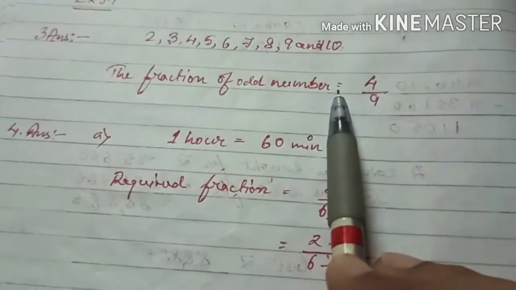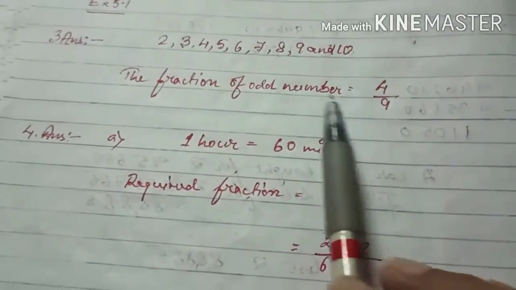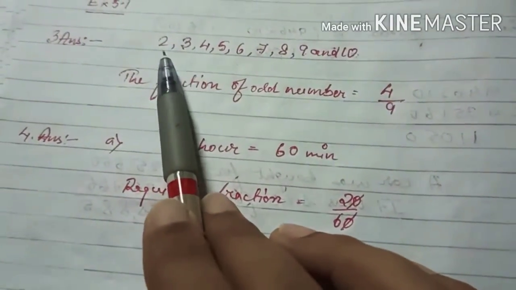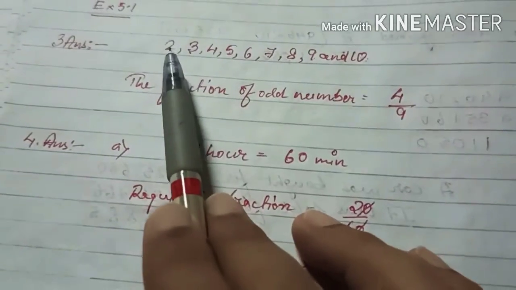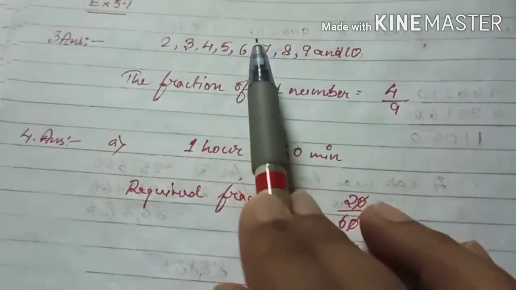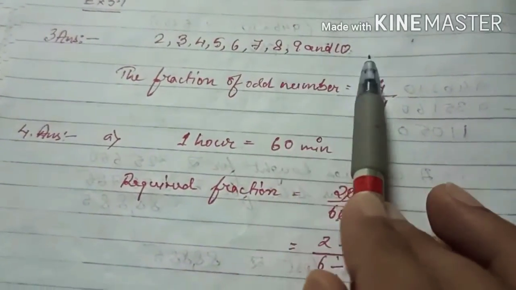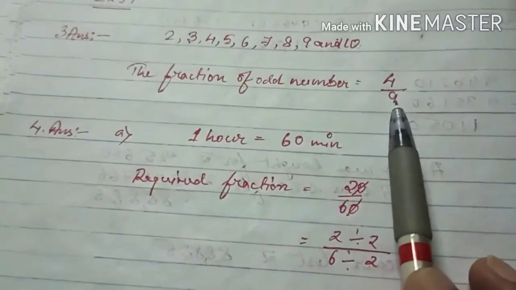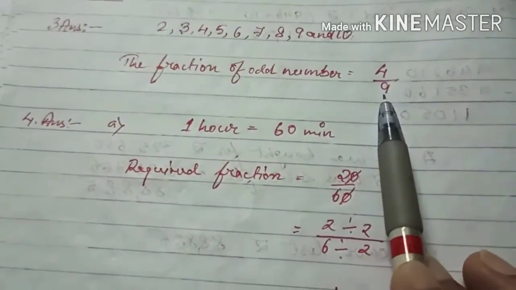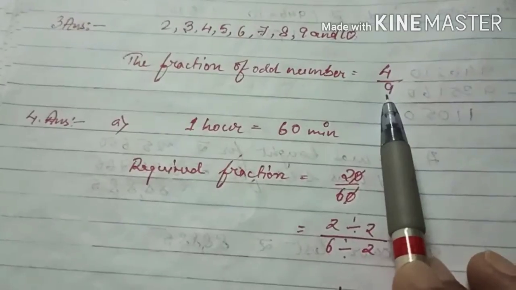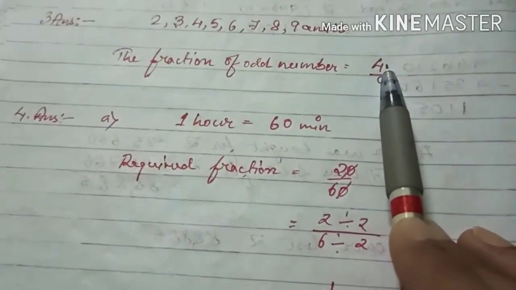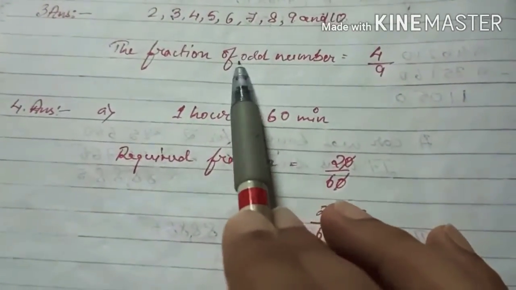Now see, there is a method of writing a fraction. First of all, we will count the total numbers. How many numbers are there? 1 2 3 4 5 6 7 8 9. Total 9 numbers are there. So we will give a dash, and in the denominator we will write the total numbers. Then in the numerator we will find the odd numbers.